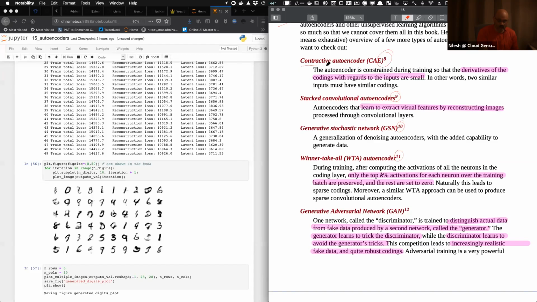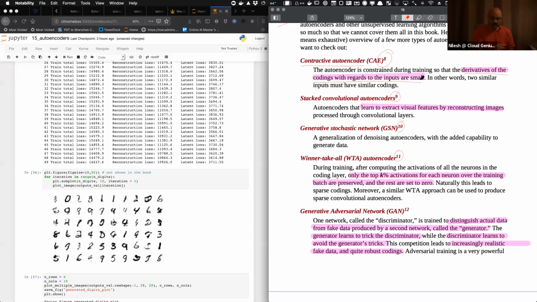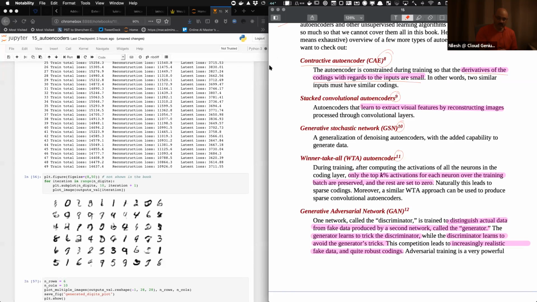And this is your contractive autoencoder. What does that do? It focuses on keeping the derivatives of the coding with regard to the input small. What does that mean? It means the autoencoder is constrained during training so that the derivatives of the coding with regards to the input are small. That translates to this: if you have two inputs that are similar, if you write 7 like this and 7 like this, they're conceptually similar.